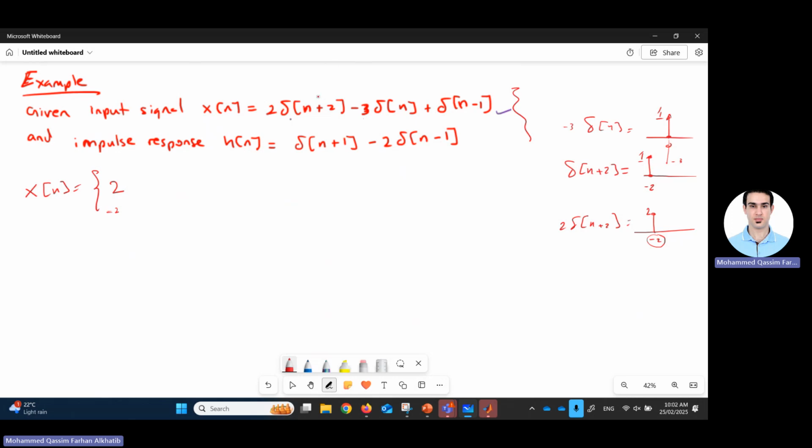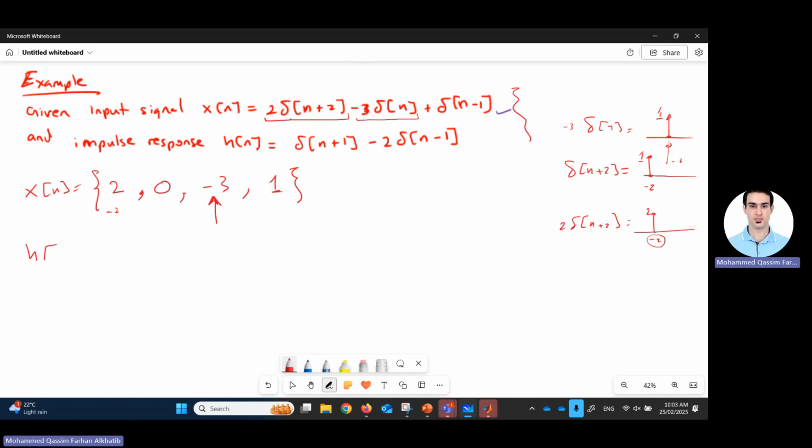Is there something at n plus 1? No, so there's no value at -1. So here it will be a 0, because this one here is shifted to the left. Here is exactly at the center. So I have -3, and I'll put the arrow there. Why? Because this is where I have no shifts. That's at 0. And this one is shifted to the right by 1. So that's it. That's my x of n.